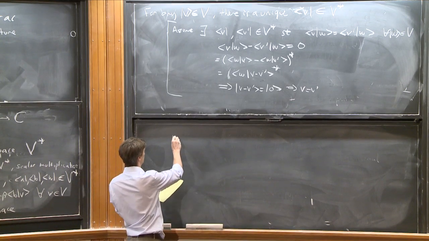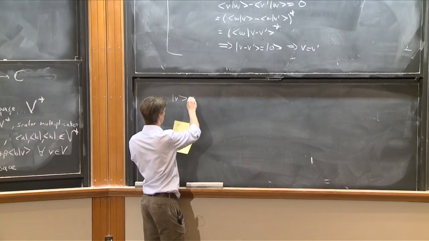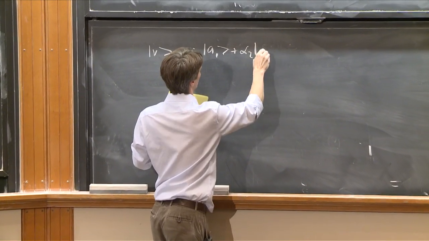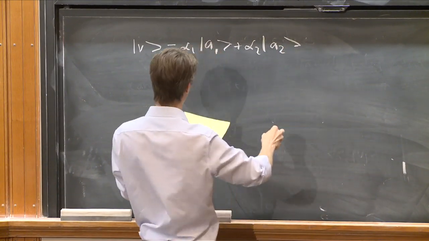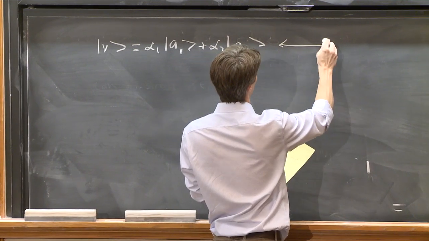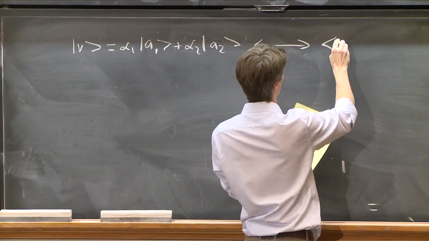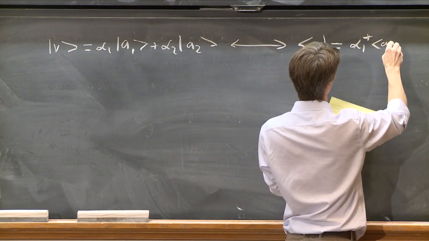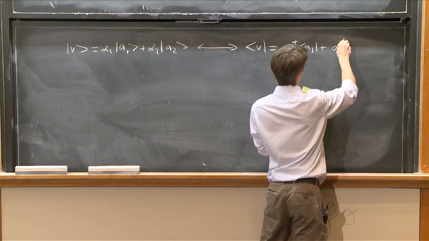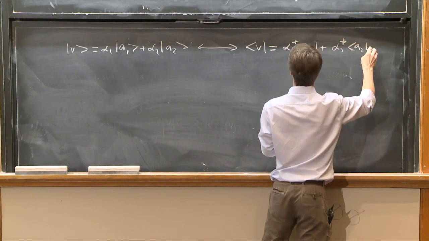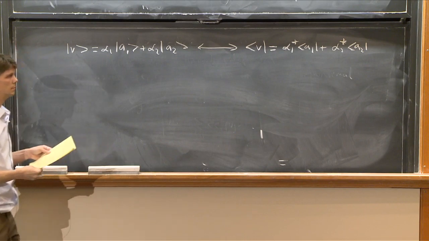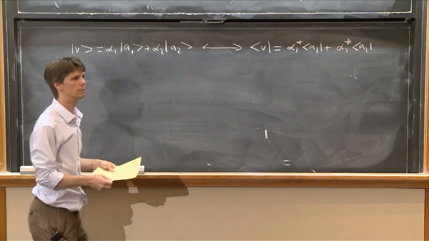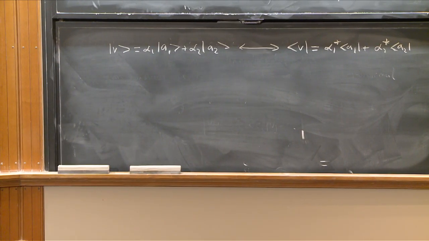And more generally, there's a correspondence between this thing and this thing. Okay, and notice the stars appearing here, but they came out of how we defined the inner product.